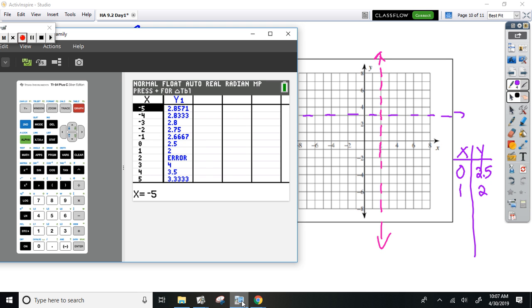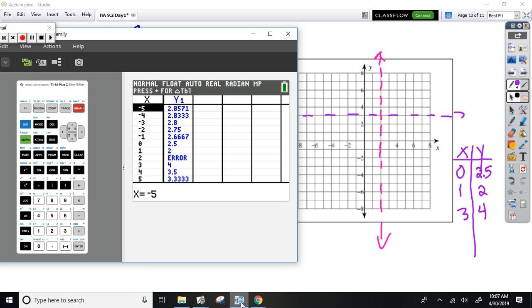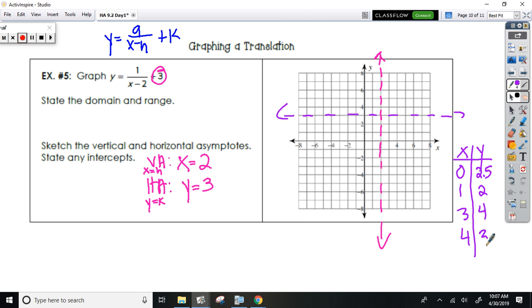There's an asymptote there. 3, 4, and 4, 3.5. Not a lot of points, but we know it's going to have that branch shape to it. And you can use your calculator screen to get an idea of what it does look like.